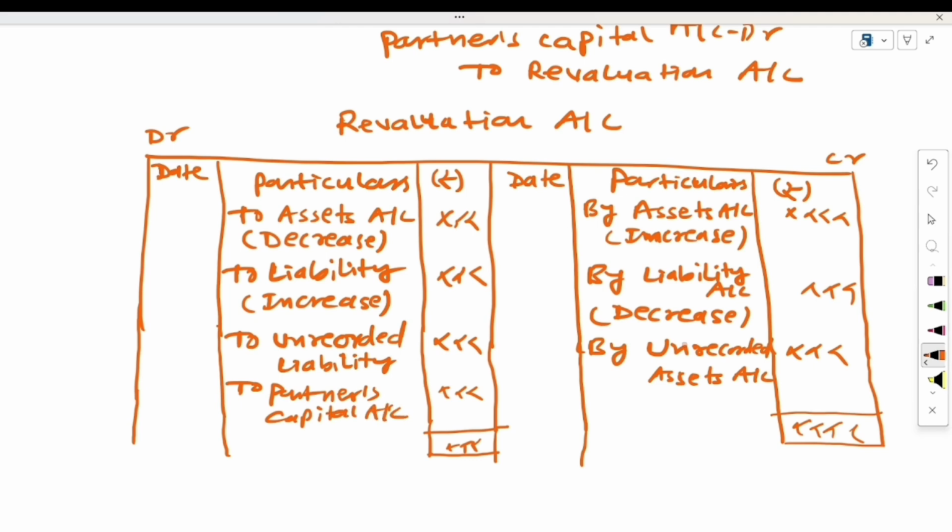And if the debit side has the greater balance, it means it is a loss. This loss will be debited to the partners' capital account, by partners' capital account, like this. This is the general and ledger part of revaluation of assets and liabilities.